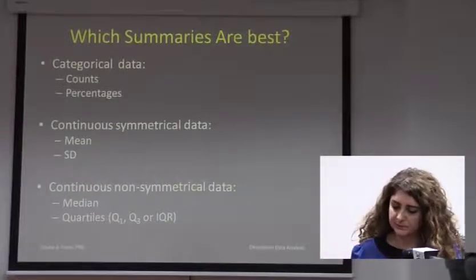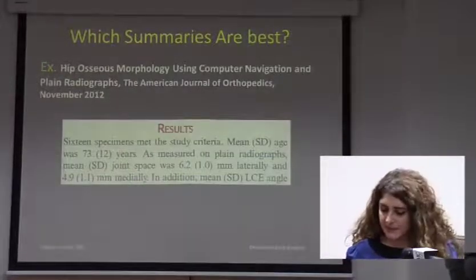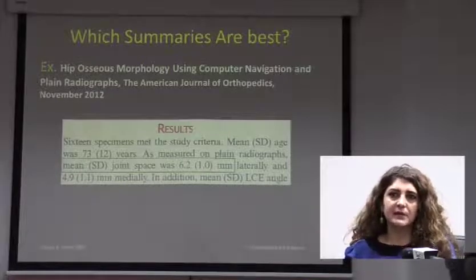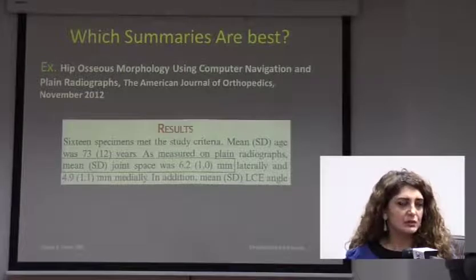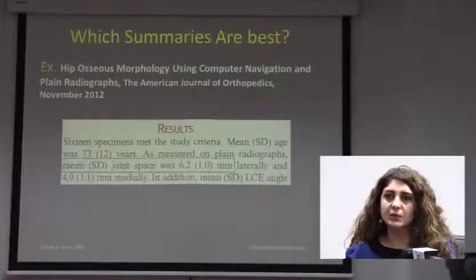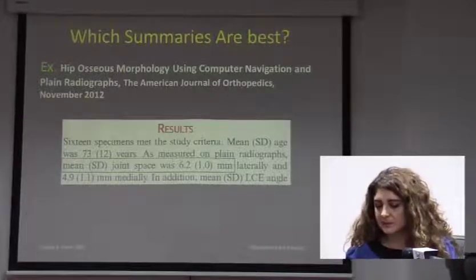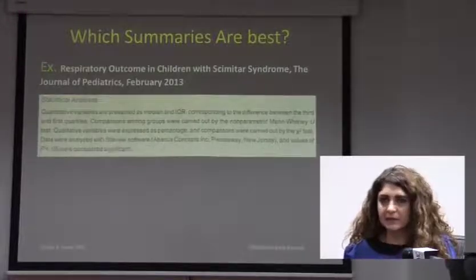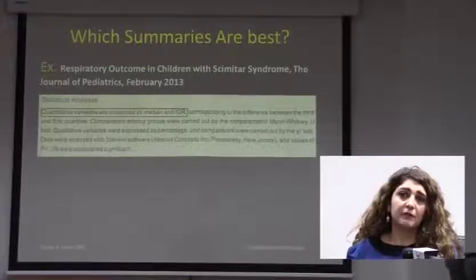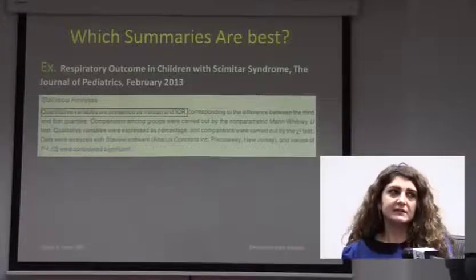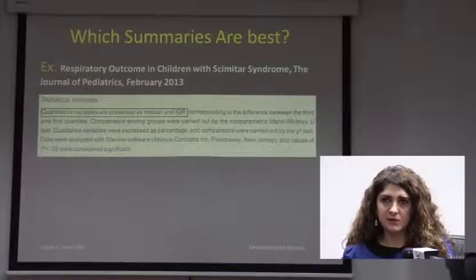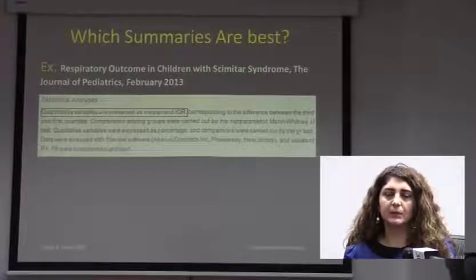the interquartile range. If you look, for example, at this journal article, in this case they used the mean and the standard deviation because, as you see here, their variable is continuous and apparently it's symmetrical. This one here, for example, they represented the quantitative variable not by mean and standard deviation. They did not make a mistake. They chose very well to represent their variable by the median and interquartile range.